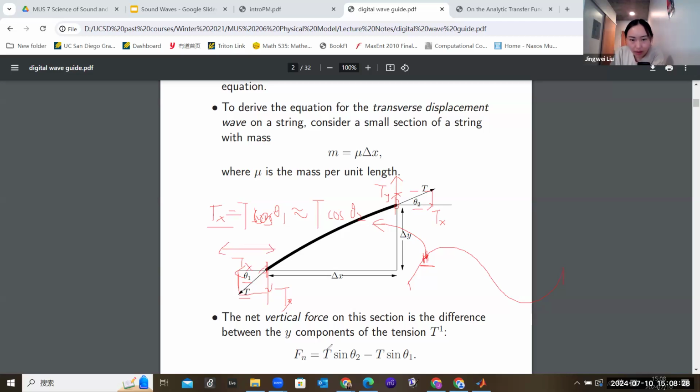And for Ty here, Ty is T sine theta, so T sine theta 2 and T sine theta 1 are the vertical forces. So the force is here, this force is here. So they give us the net force F. So F equals T sine theta 2 minus T sine theta 1.